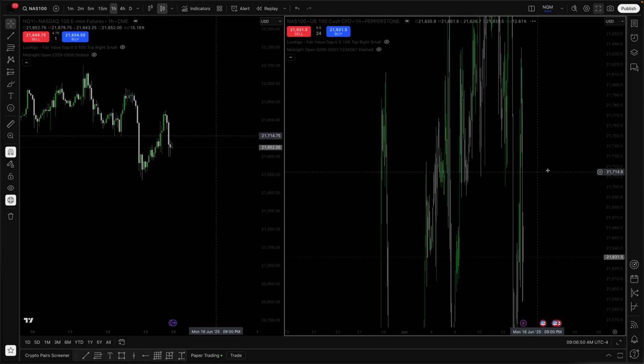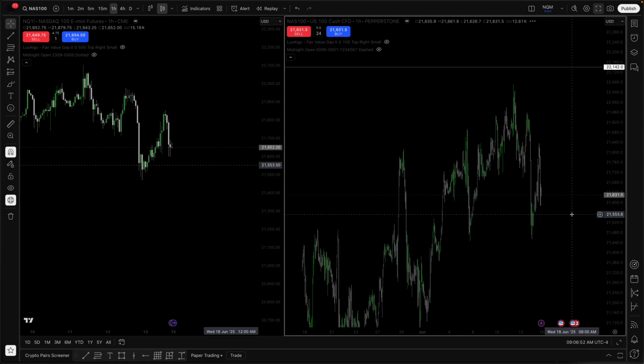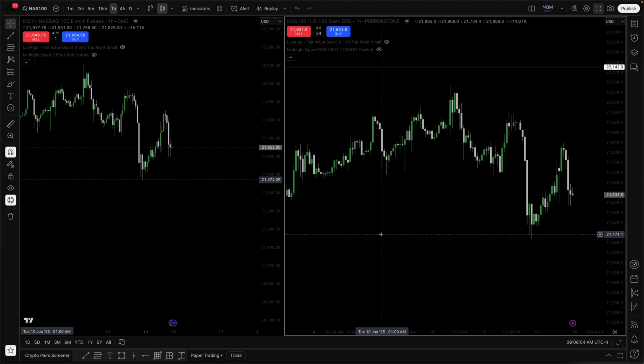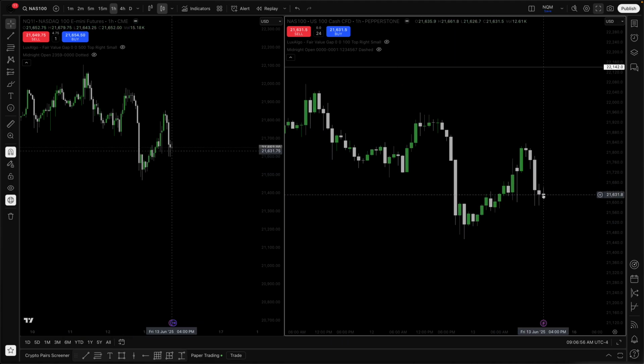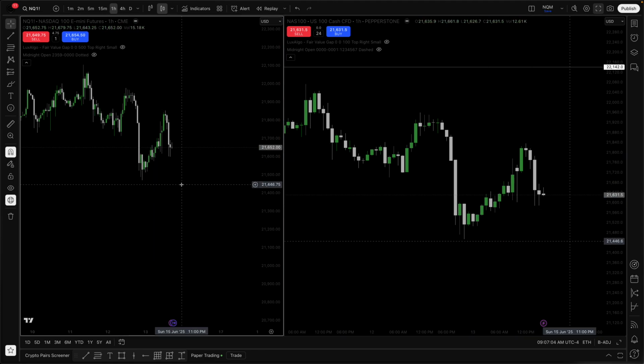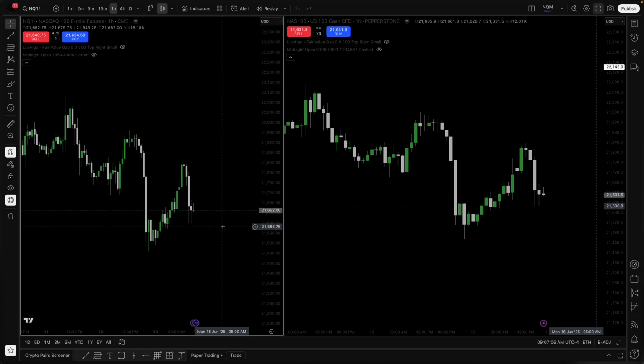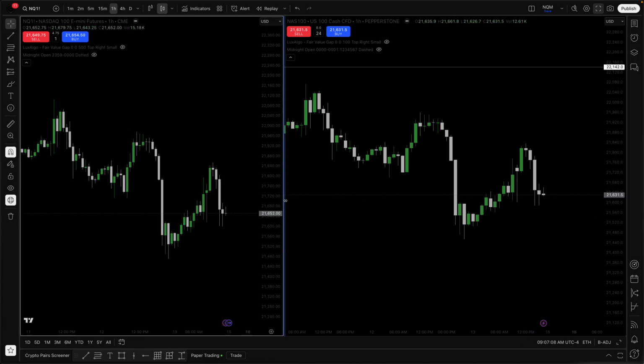So I'm going to go to 1 hour chart. When I say 1 hour chart, that means one candle is 1 hour, right? So if you look at the bottom, it's 4 p.m., 3 p.m., 2 p.m., 1 p.m., and so on. So I go to the hourly chart on both of them, and they're nearly identical.